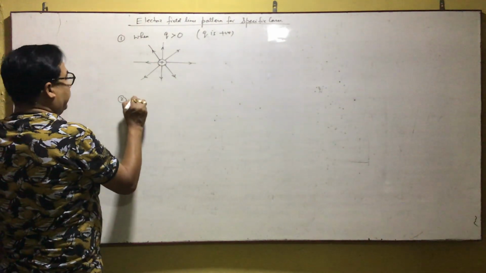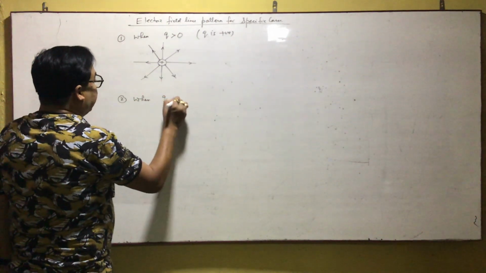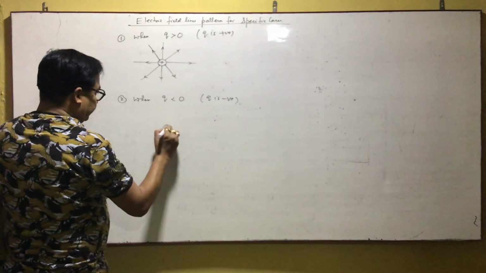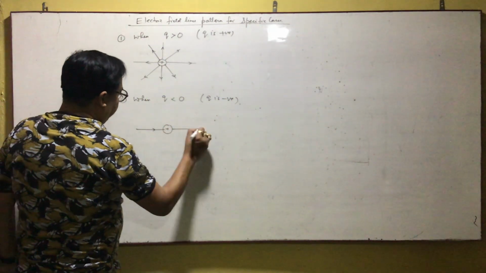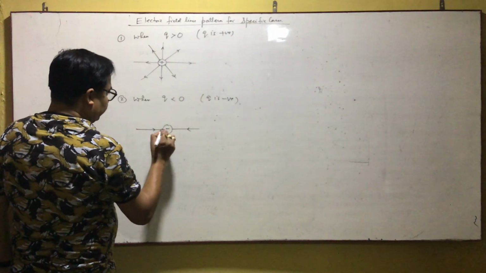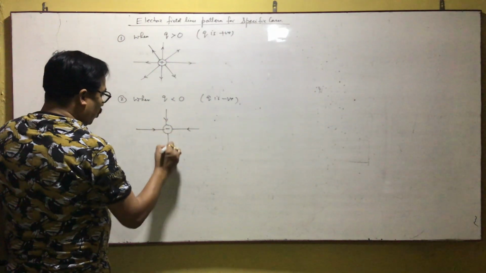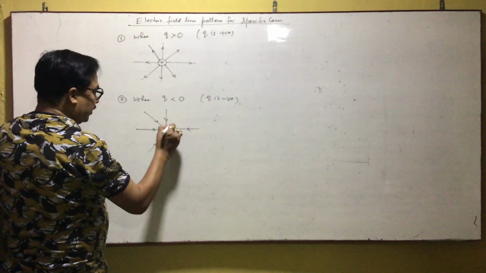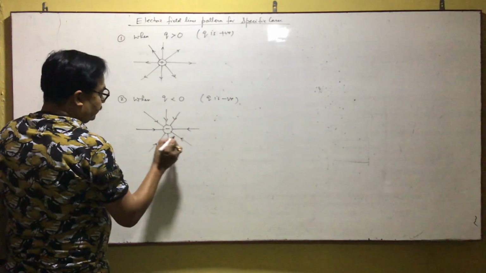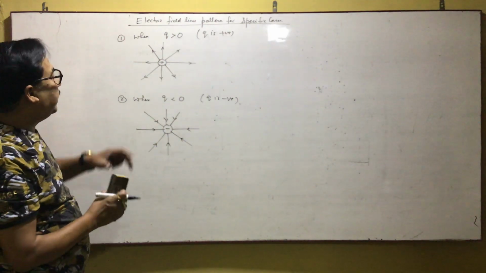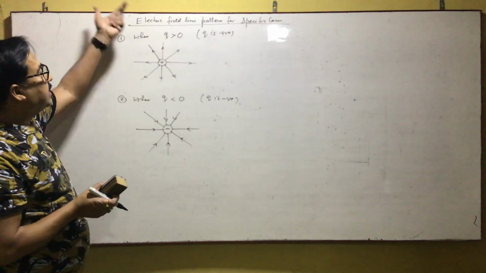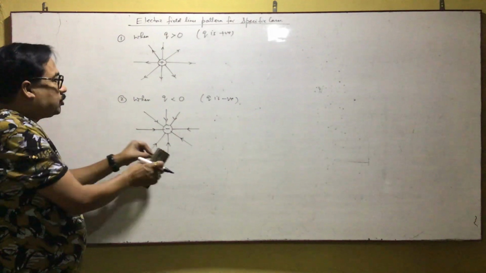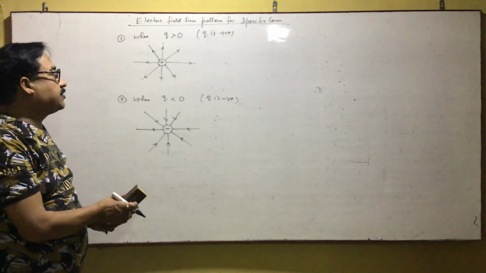The second one, if Q is less than 0, that is Q is negative, the lines of force go towards the negative charge. So you can see the difference between positive and negative. The lines of force are emerging out from this positive charge, and for negative charge it is terminating towards, or going towards, the negative charge.